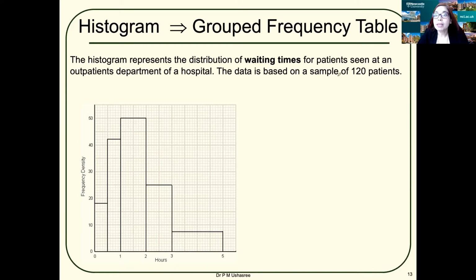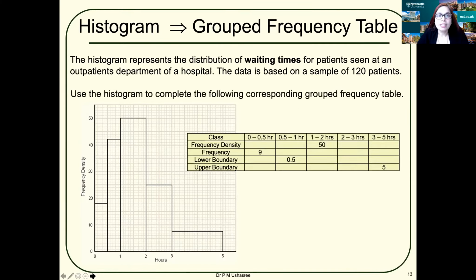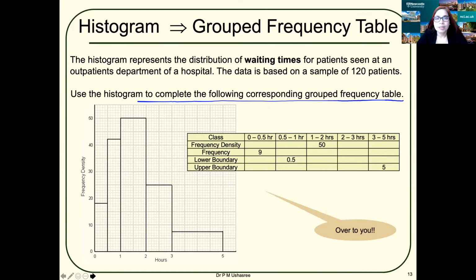The data is based on a sample of 120 patients. Can you please fill this table? Use the histogram to complete the following corresponding group frequency table. I've given some hints, so please make use of it. Over to you.